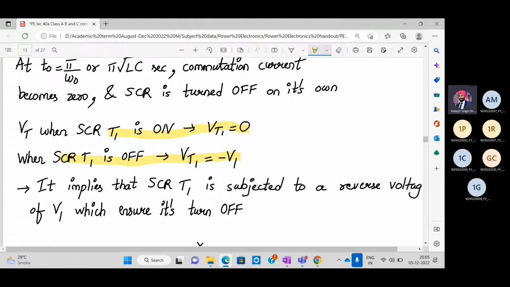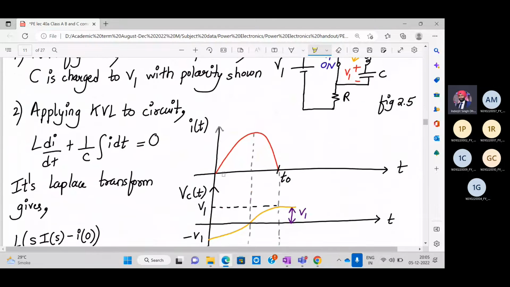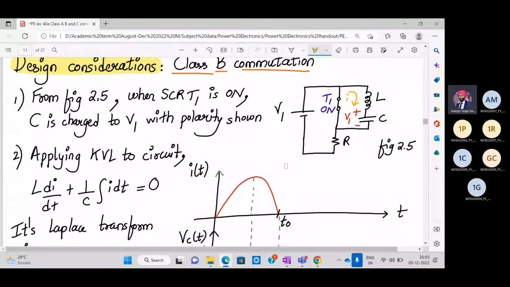So how does the SCR turn off over here? The SCR gets turned off because the current flowing into this loop becomes zero. And when does the current become zero? At t equal to T naught. During that time, the SCR turns off, and the voltage across it is around minus V1.